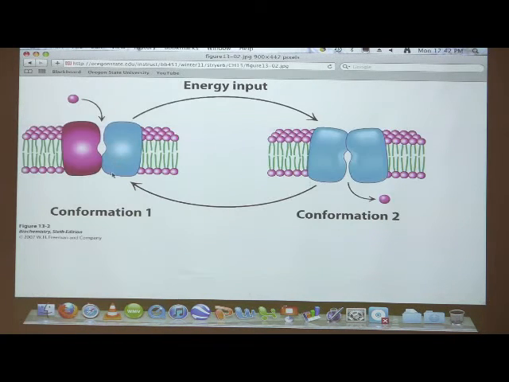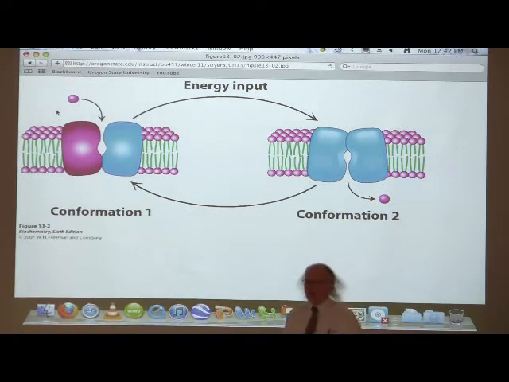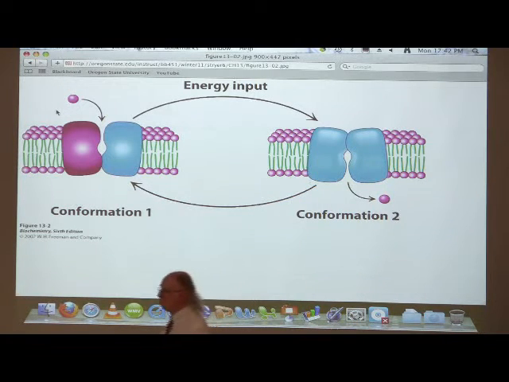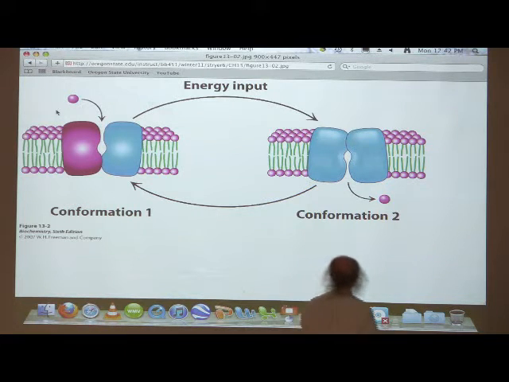All right. Now, this figure schematically shows us a very simple pump. And by the way, I call these things that move molecules across membranes pumps, because they do just that. They help things to move, just like a pump helps things to move from one place to another. Here's a membrane protein. Okay?